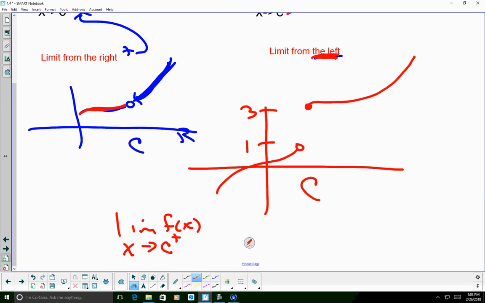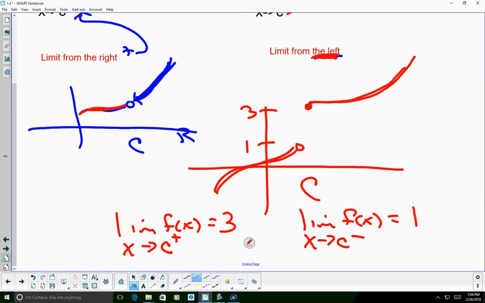So now I'm approaching this graph from the right, coming down here. I'm going to say that limit is equal to 3. If I ask for the limit of f of x as x approaches c from the left, here I'm coming from the left, coming up this graph, and I'm going to say that limit is equal to 1.